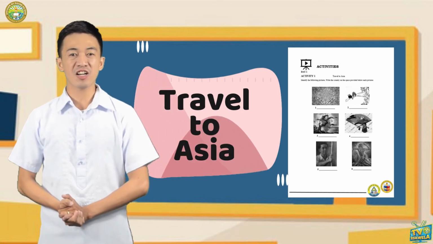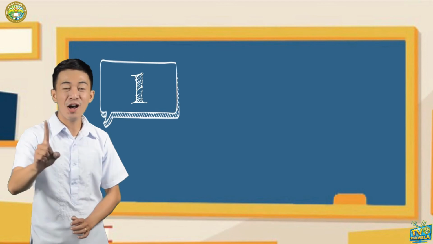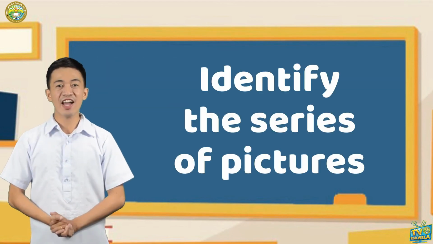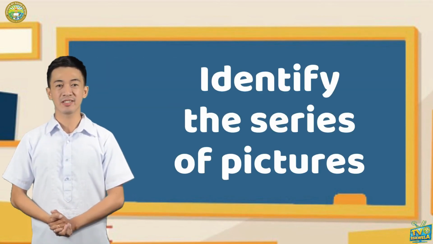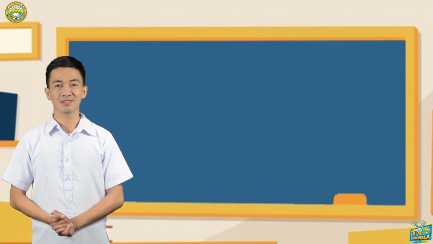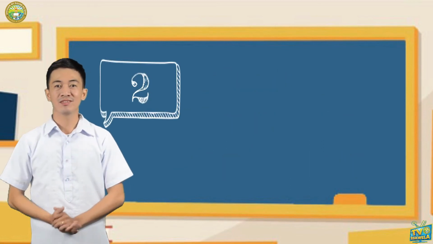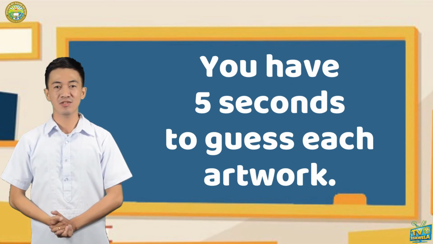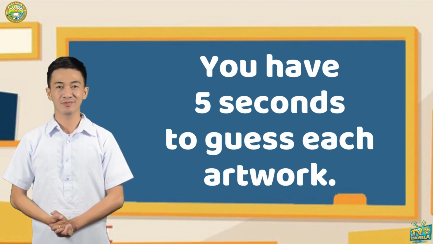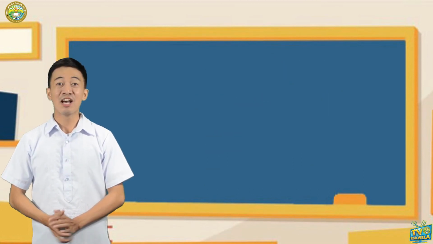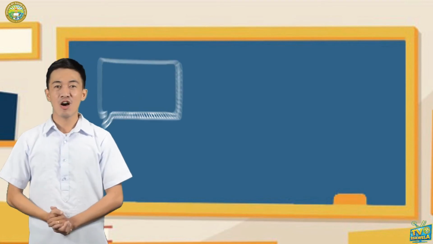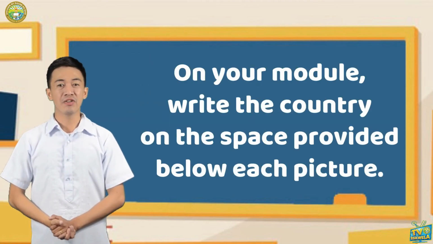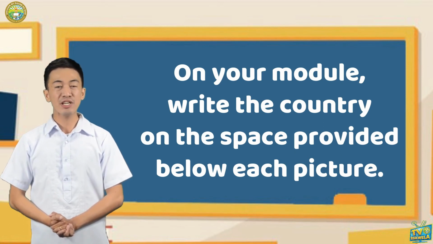Here are the instructions. Number 1. Identify the series of pictures. Number 2. You have 5 seconds to guess each artwork. Number 3. On your module, write the country on the space provided below each picture.